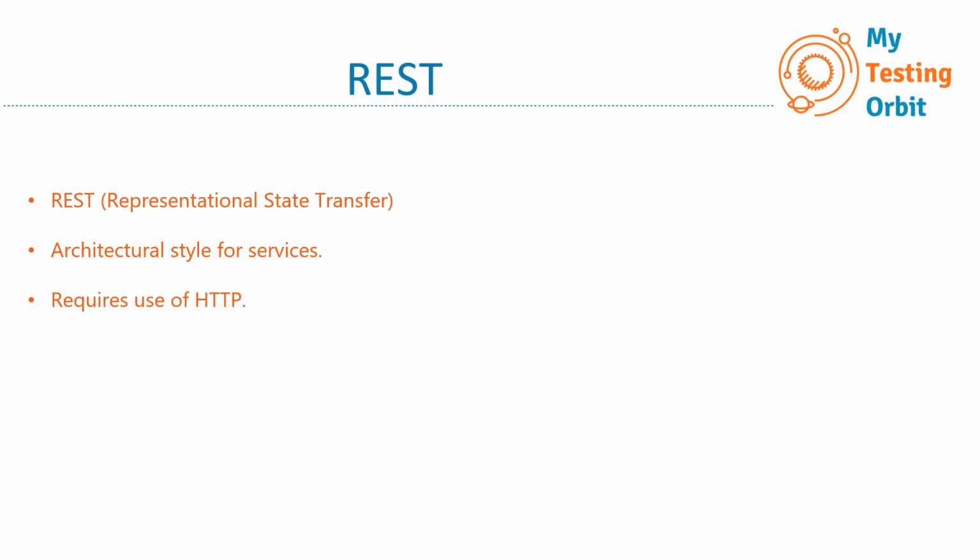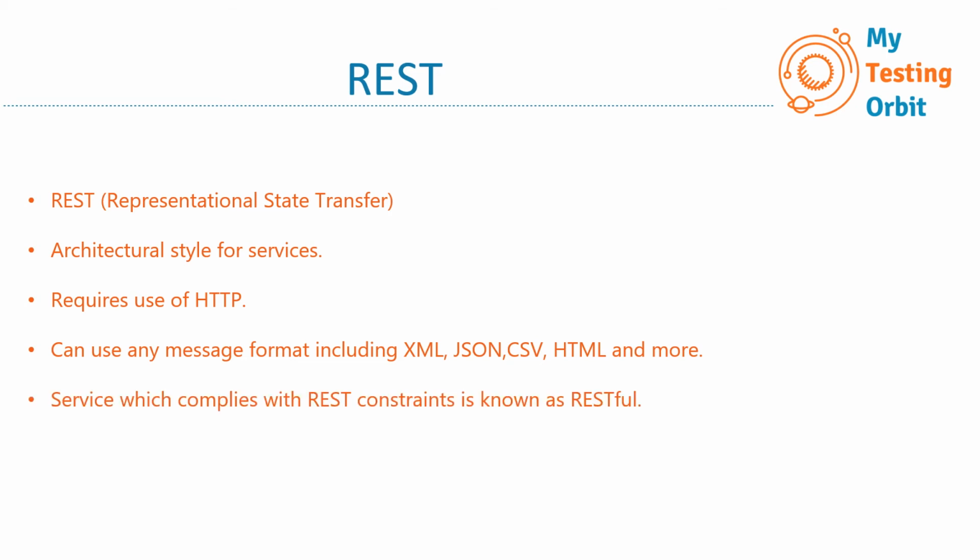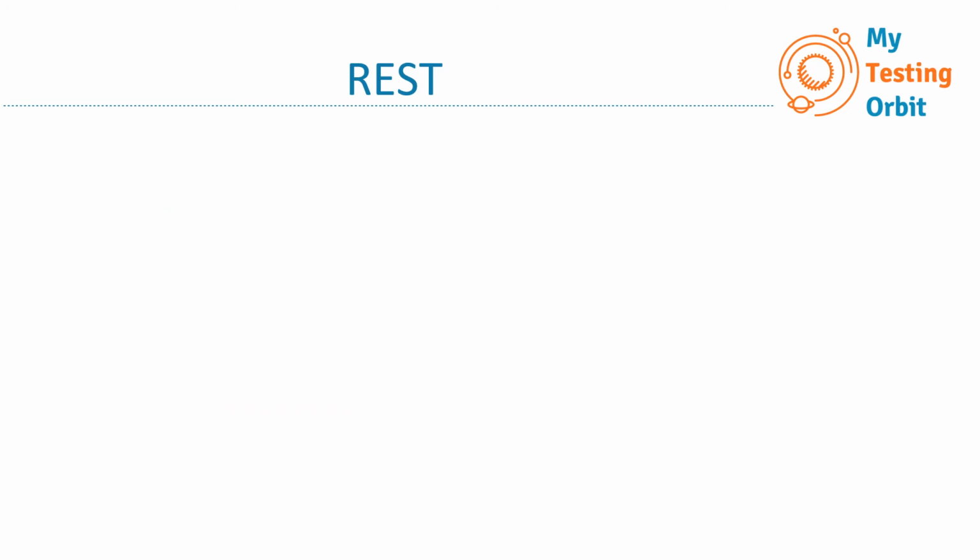It requires use of HTTP, and can use any message format including XML, JSON, CSV, HTML, and many more. A service which complies with REST constraints is known as RESTful. So any service which complies with the constraints defined by REST is known as RESTful.